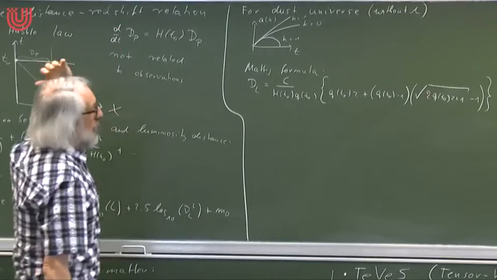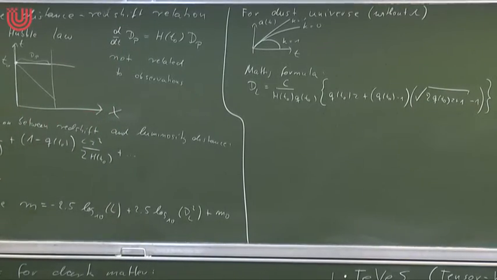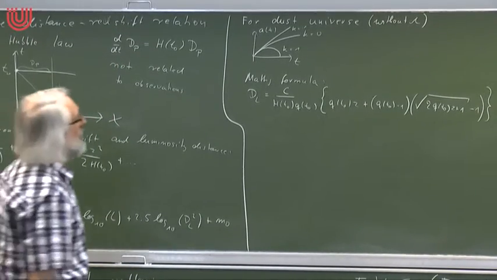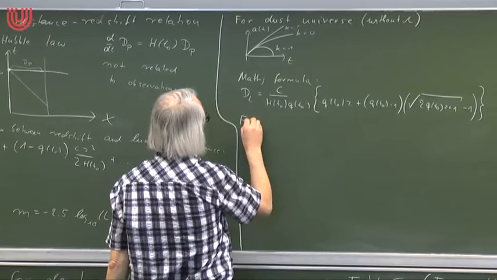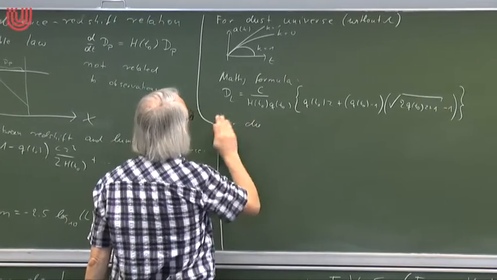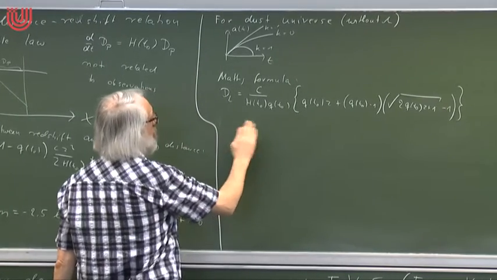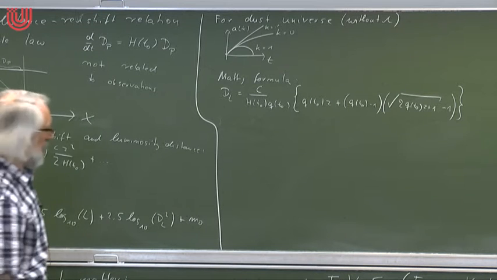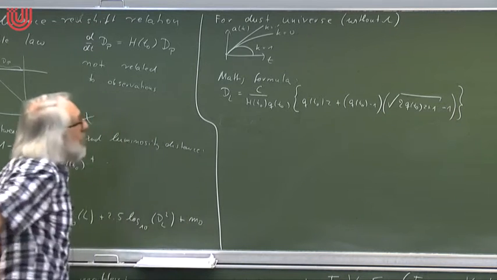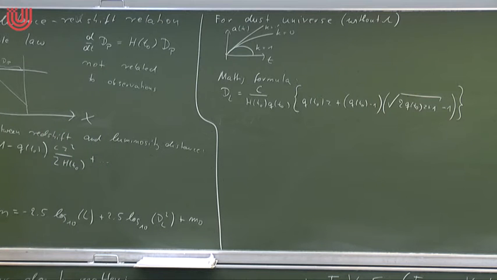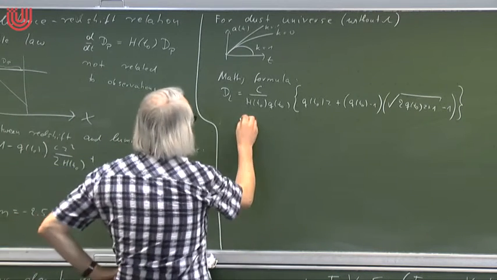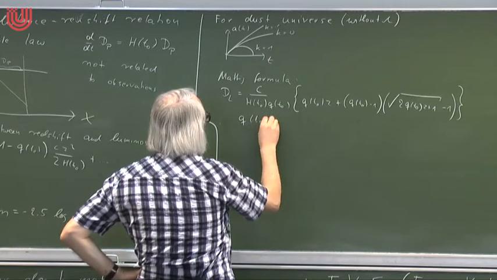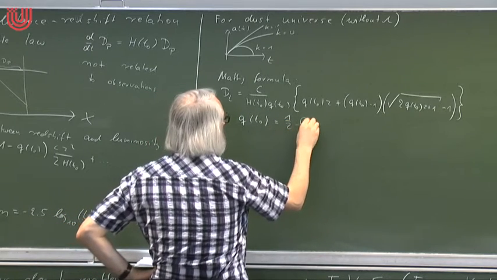So for a dust universe with lambda, and actually when we now discuss the observations, that's what we would need, there's not such a nice formula. Oh, I forgot to mention, instead of the q, you could also use the omega m. We have a dust universe, so there's only one density parameter. It's the density of matter, which one usually denotes capital omega with index m. And this is uniquely related to the q by a very simple formula.